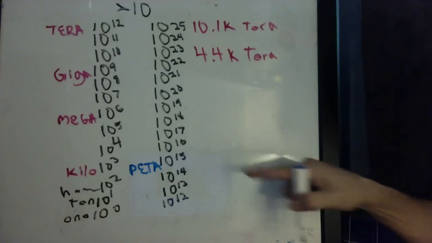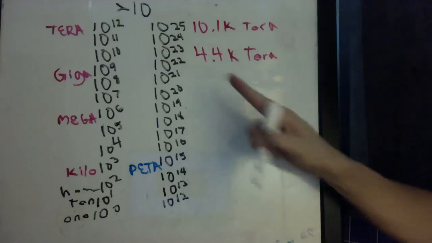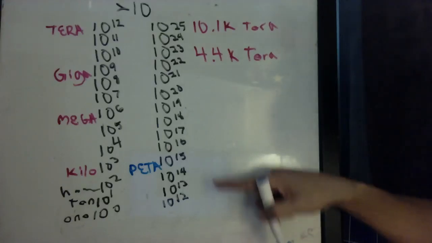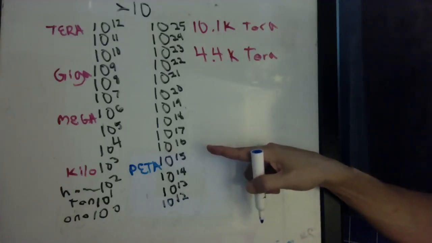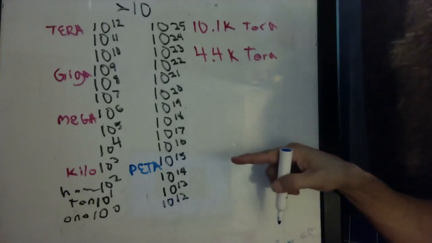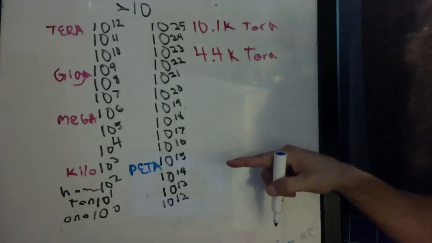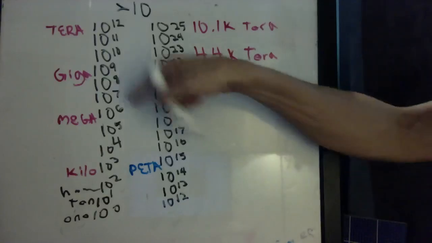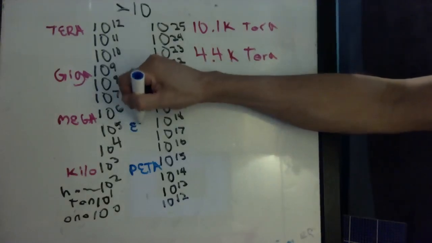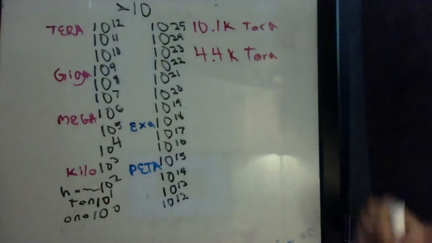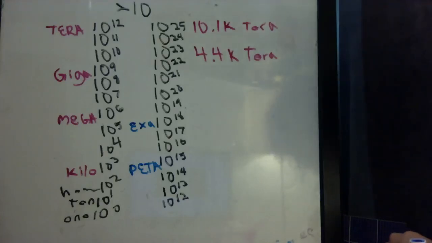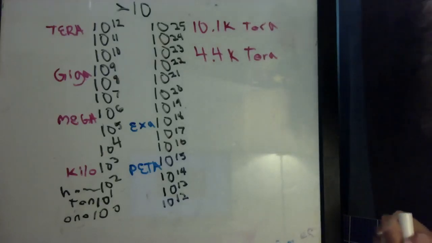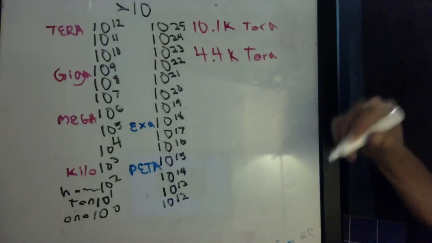See, we have names for all of these. And then let's go up a little further. 10 to the 18 is a quintillion. And believe it or not, it's exa for 18. I always forget that one. I remember zeta for sextillion.